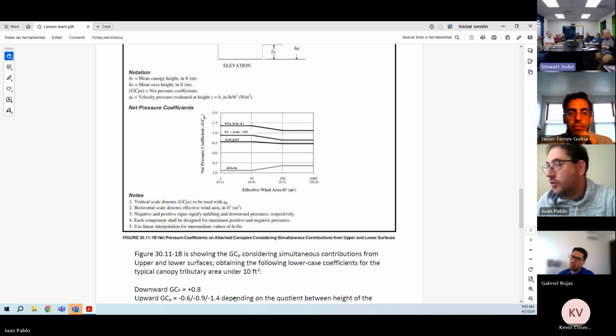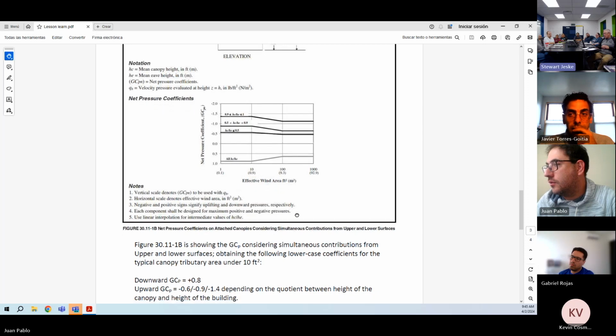So it ends up being about 2.0 if you add those together, with a positive pressure underneath the canopy and a negative on top of the canopy. Is that right? I'm kind of looking at that, right?